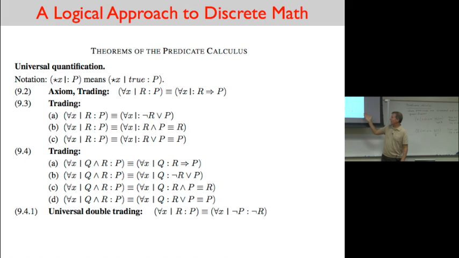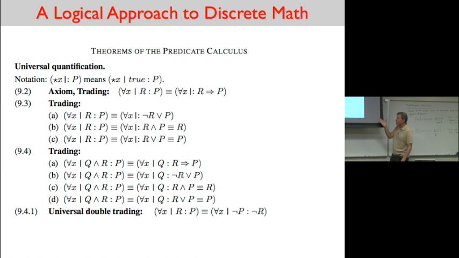Now what's it saying on the right-hand side? It's saying for all x, not just the ones that satisfy R. In other words, for all of them, 0, 1, 2, 3, 4, 5, all the way up to infinity. But what it says in the body now is R implies P. In other words, if R is true, then P is true. Does that make sense?